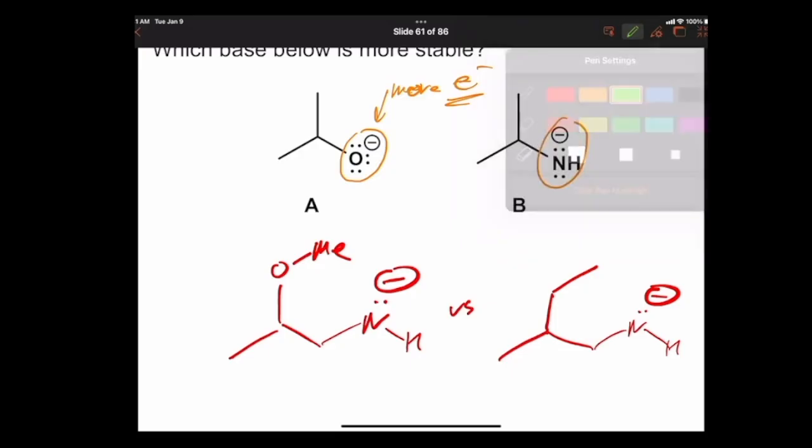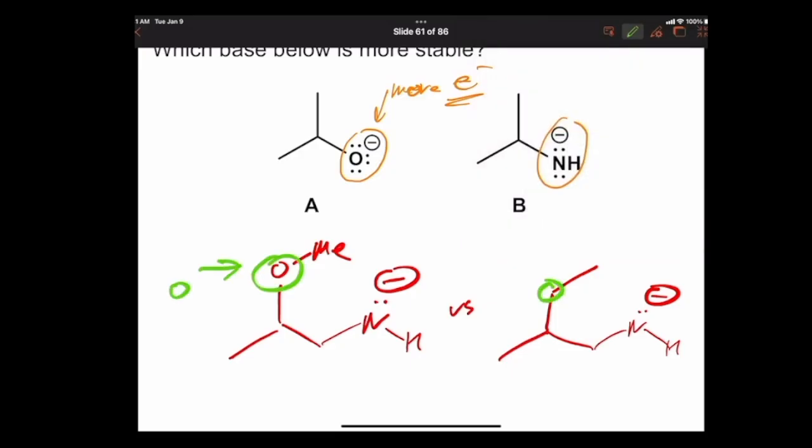The thing I'm trying to highlight, here I've got an oxygen, here I've got a carbon. What atom in both of the two new structures I drew is holding the charge? Carbon, nitrogen, oxygen, fluorine, bromine. Which atom is charged negative? So which atom holding the charge is more electronegative?